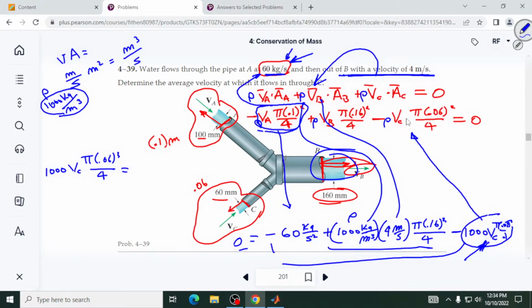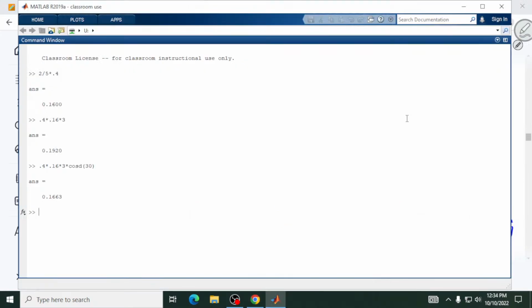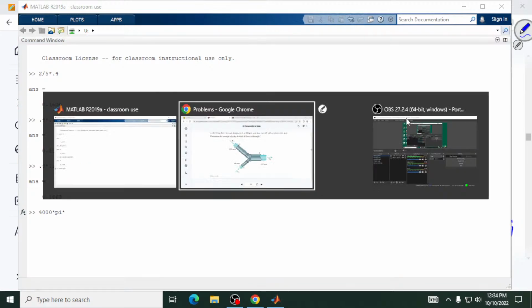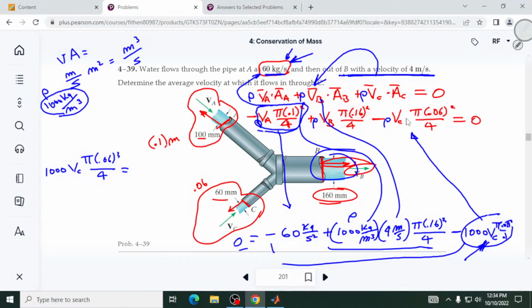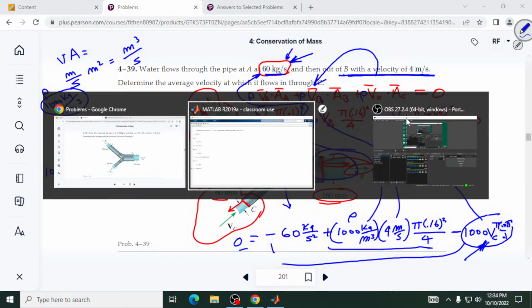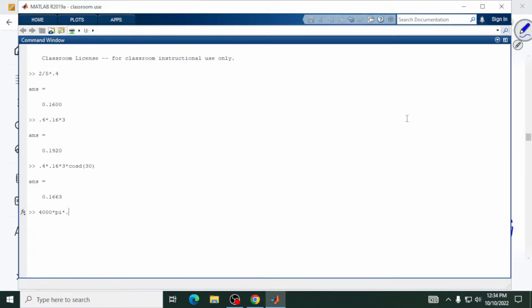Let's see, 1,000 times 4 is 4,000. Okay, so 4,000 times pi times, what was the diameter there? 0.16? Yeah, 0.16 squared divided by 4, 80.42.